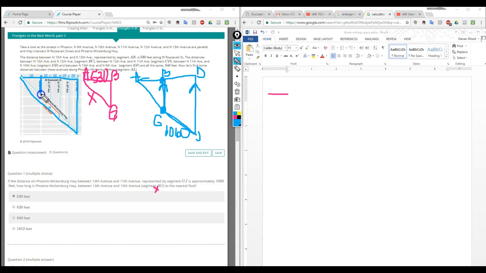Well, BG, if we said for argument's sake that each of these lines cut it a quarter, that means that this distance would be a quarter of AF, and this distance would be a quarter of A to L.